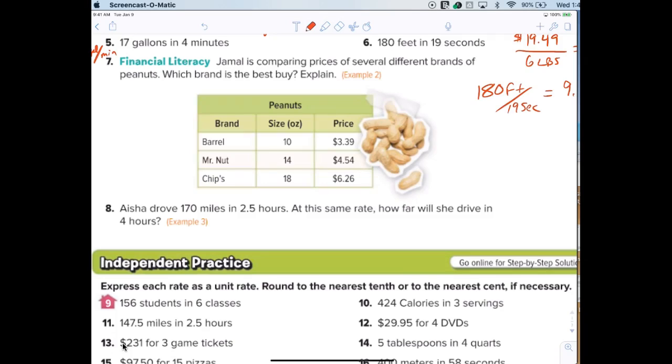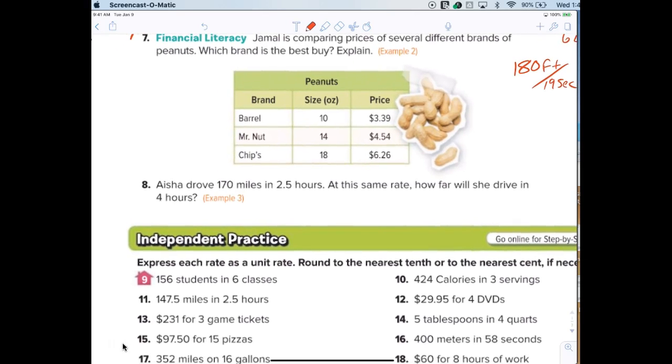So I'm going to call this A, this B, and this C. Now, what are we going to do for A? What goes in the calculator first? We don't need the calculator for this because we're dividing by 10. When we divide by 10, what do I do to the decimal?